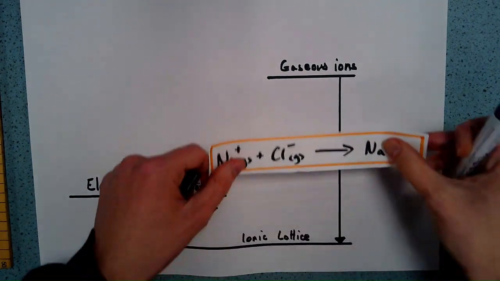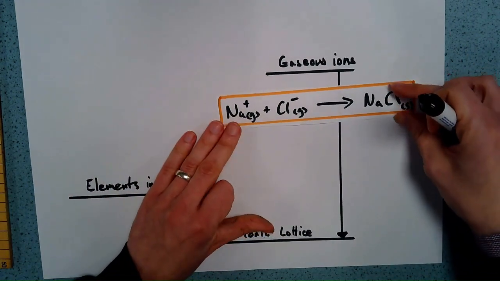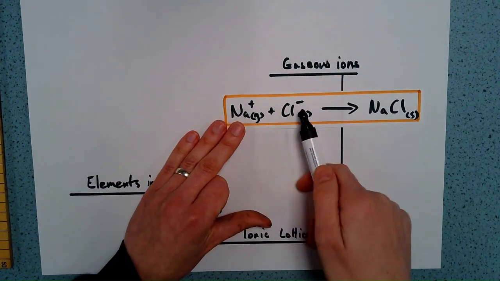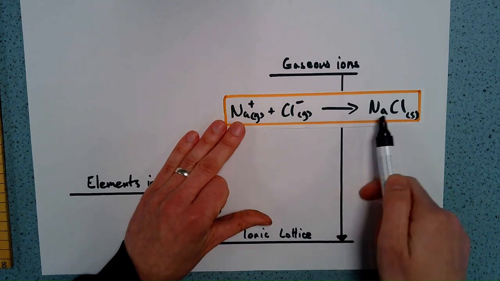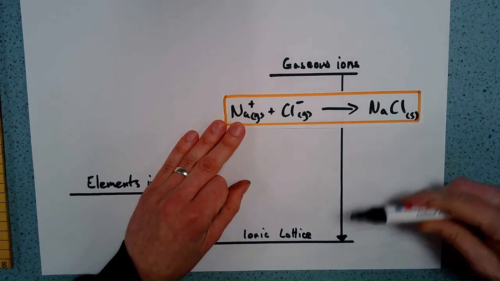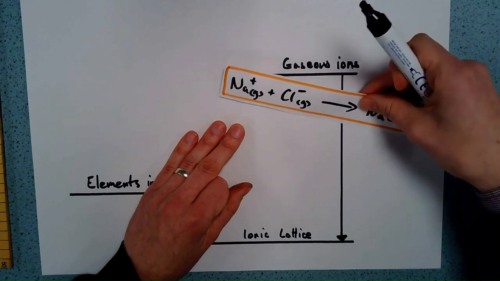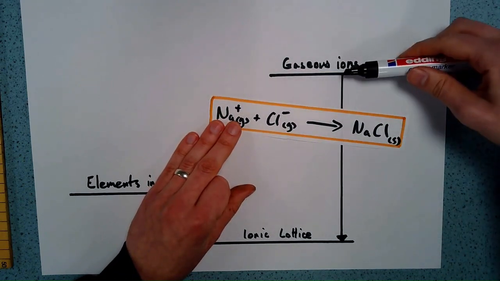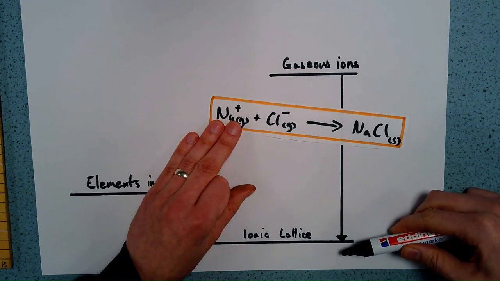Now, obviously, our lattice energy is represented by this equation, gaseous ions, Na+ gas and Cl- gas, go to NaCl. So we've got a downwards arrow here to show that that is going to be an exothermic process.